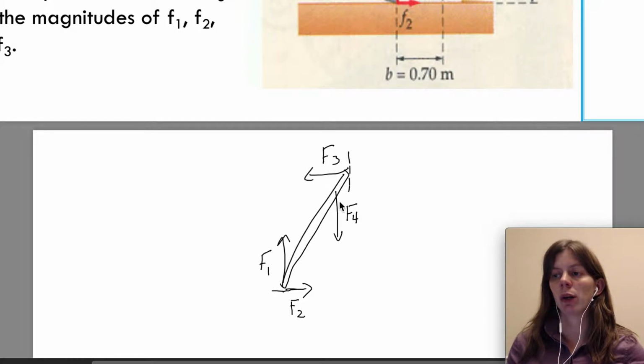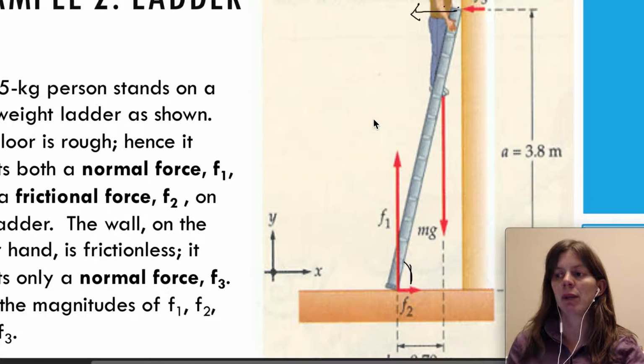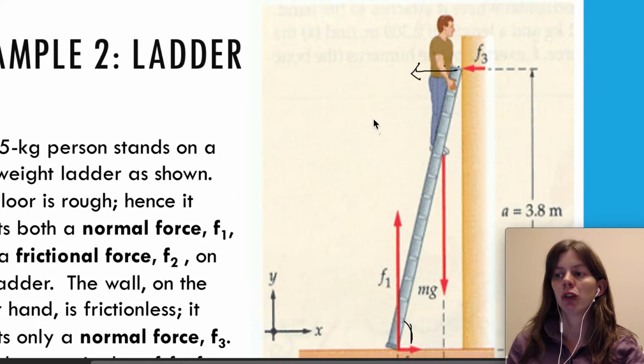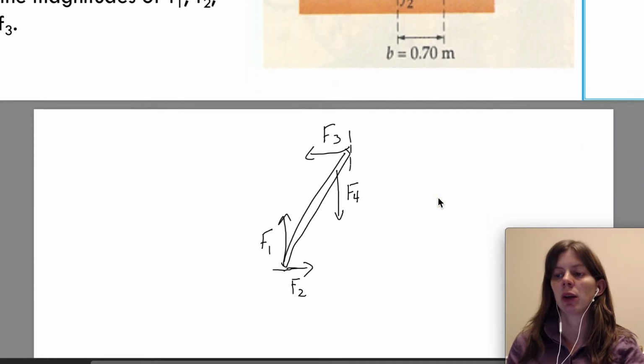And then we are also given what seem to be some random distances here. We have the distance from the floor to where F3 is, that's 3.8, and from the pivot point to where this weight is, 0.7.